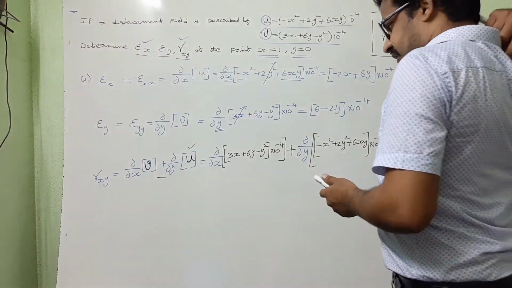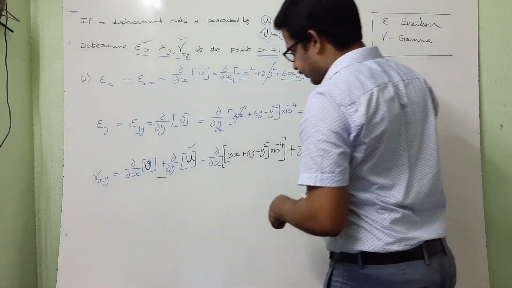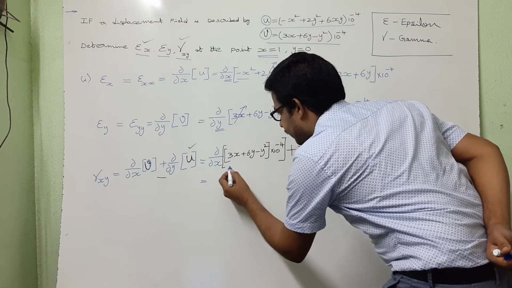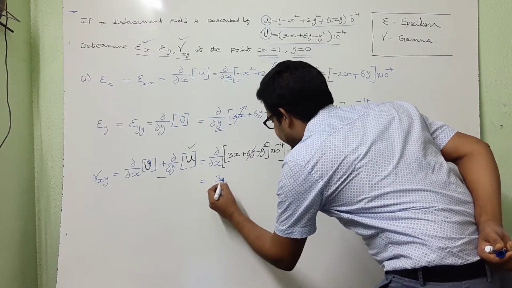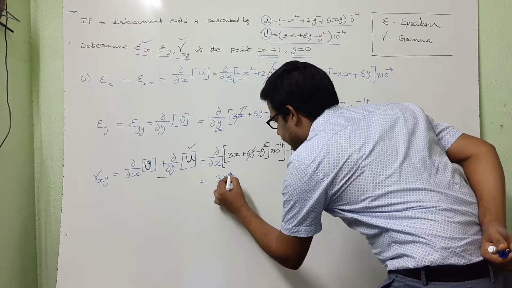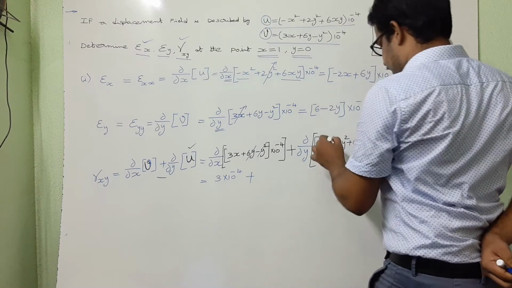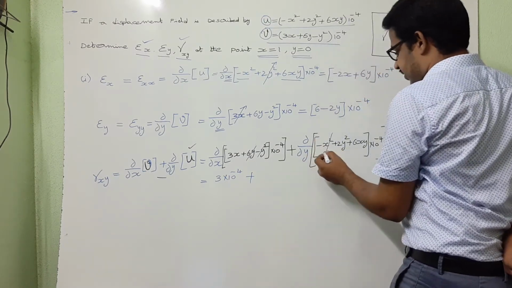So partial differentiate with respect to x. So here with respect to x, no need to calculate y values. 3 into 10 power minus 4 plus, y values, so this is 0.